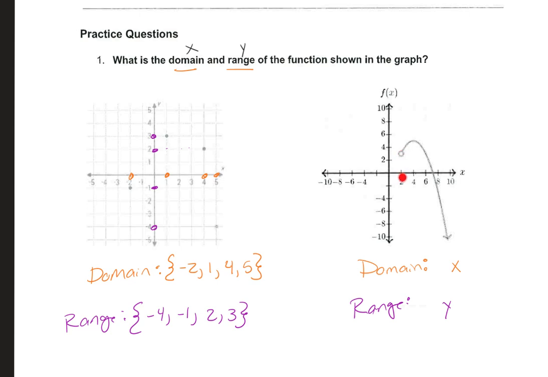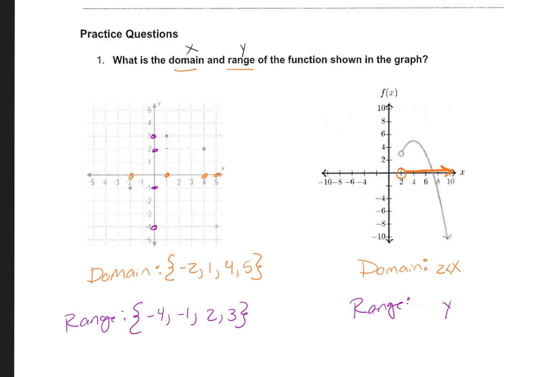It starts at 2, but it has an open circle, so it can't be 2. So X is going to be greater than 2. I'm just going to leave it as X greater than 2, I don't need to say on to infinity. Any number greater works. If I were to take that down and squish against the X's, I would have an open circle here, and my line would continue in this direction for my domain.